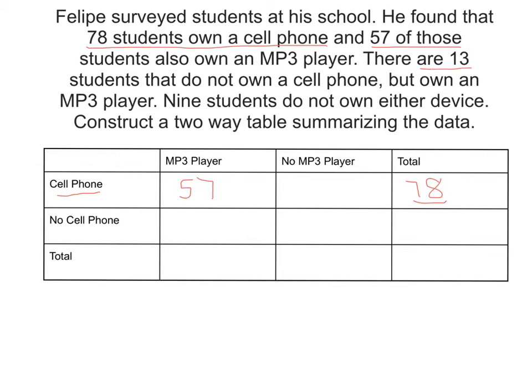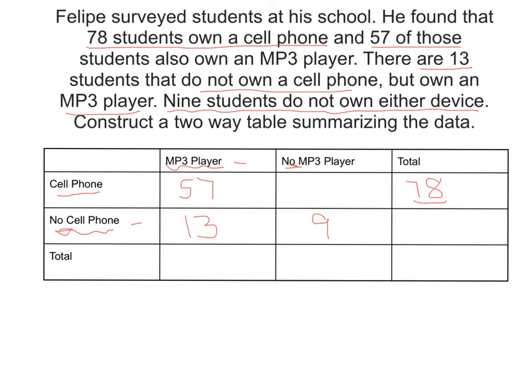There are 13 students that do not own a cell phone, but they do own an MP3 player. So 13, no cell phone, but yes MP3 player. And then 9 students do not own either device. So no MP3 player and no cell phone. 9.